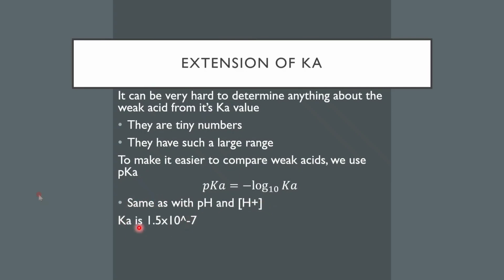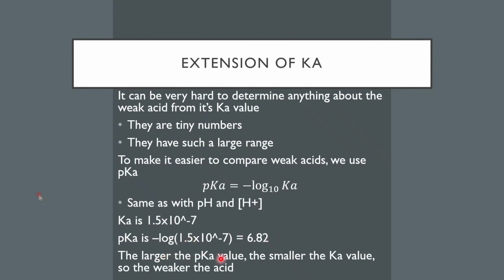So if we had a Ka value of 1.5 times 10 to the minus 7, its pKa would be the negative log of this value, which is 6.82. And we can see immediately that it is not such a tiny number like our Ka value, and we know that it will have a smaller range of values. And because of this, weak acids can be better compared.